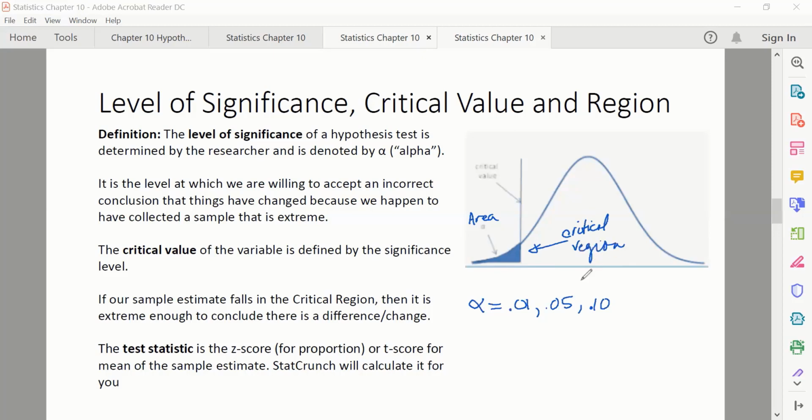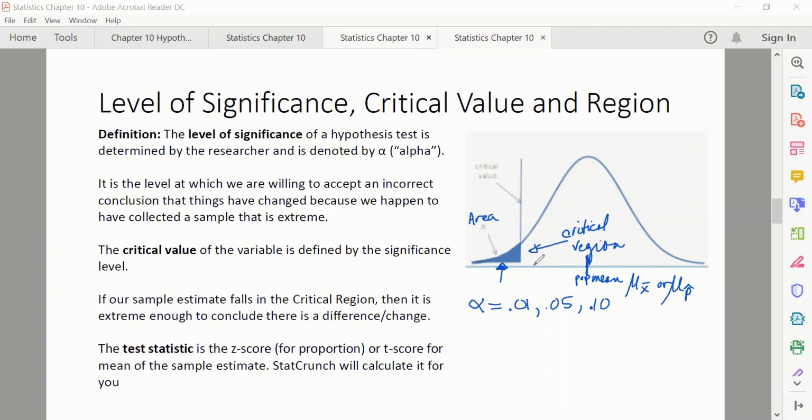We have the population mean here, which is mu sub x bar or mu sub p hat. We have our sample. If our sample falls far enough away that it's in this critical region, then we're willing to say there's a change because it's far enough away from the population mean.